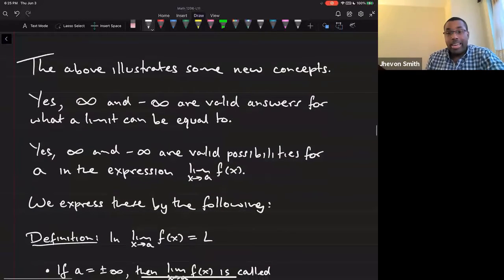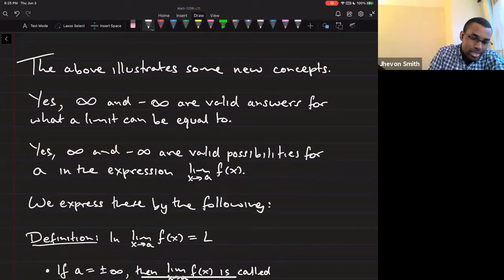So in case you weren't aware, yes, infinity and negative infinity are valid answers to what a limit can be equal to, right? And yes, there are also valid possibilities for a in the expression limit as x approaches a of f of x, right? We can let our x approach positive infinity or negative infinity, and the answer to what the limit is could also be positive infinity or negative infinity.